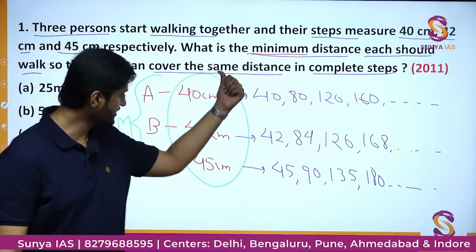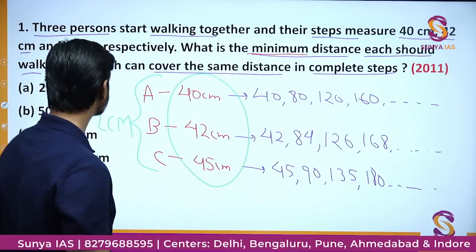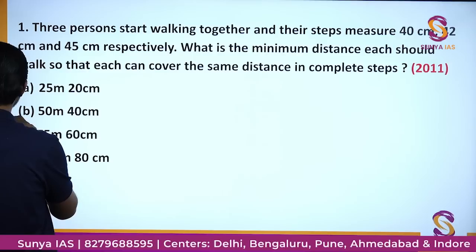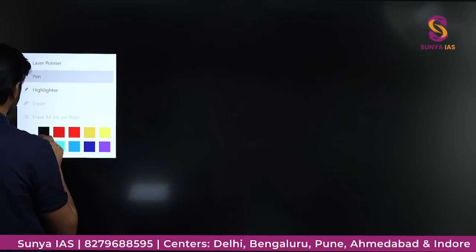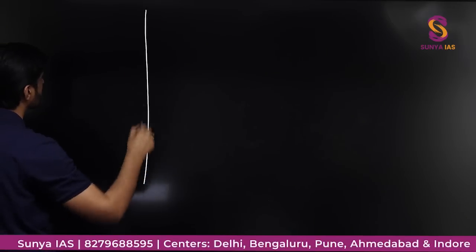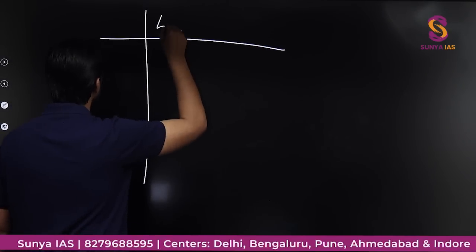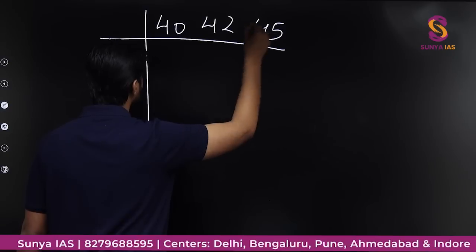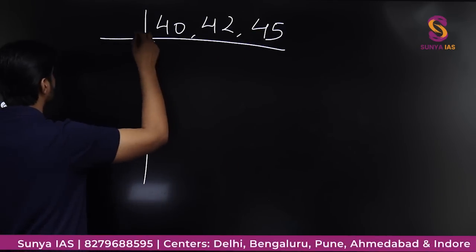So now when we have understood we have to apply LCM, we'll just do the calculation on our part. So what we have to do actually is to just find the LCM of 40, 42 and 45. So we'll begin here.